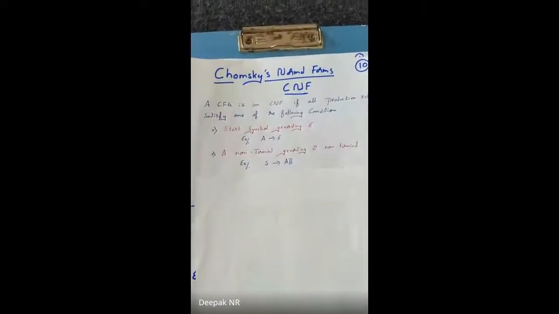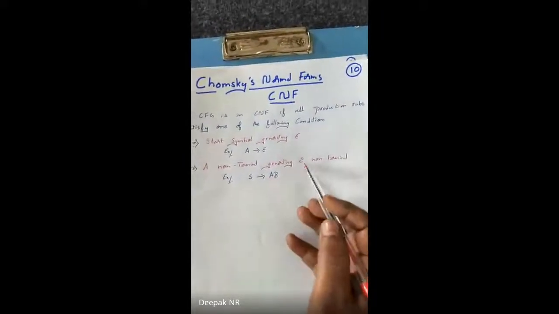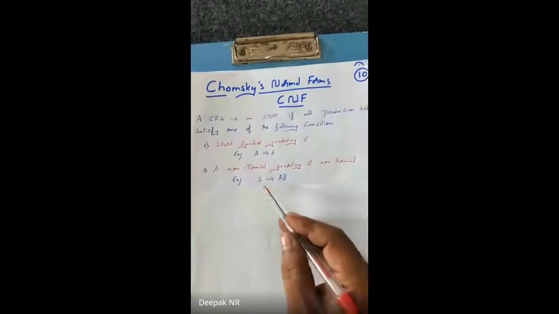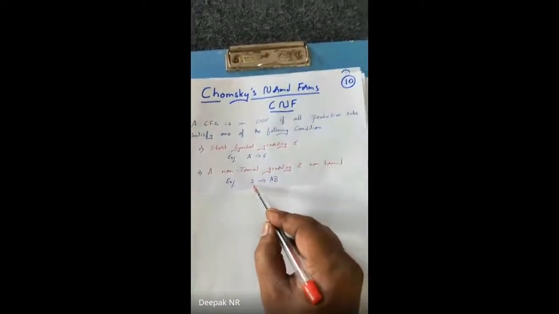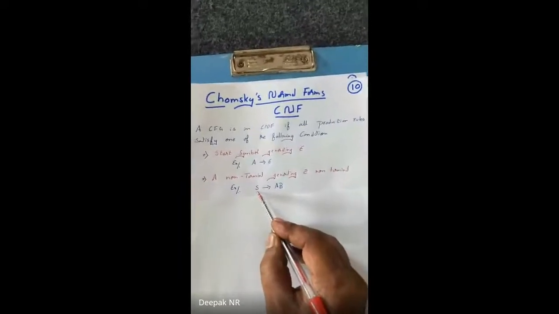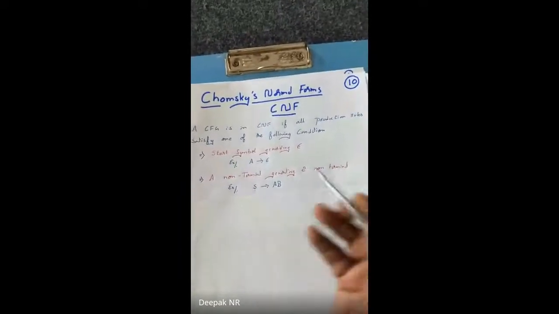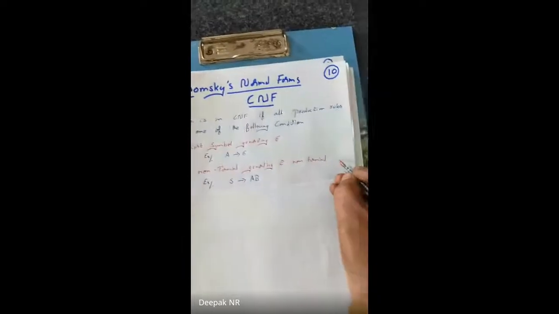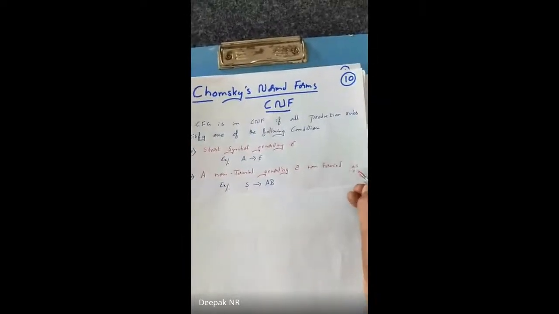My next rule says a non-terminal generating two non-terminals. I hope everyone is clear about terminals and non-terminals. A non-terminal means an uppercase symbol, also called a state name. A terminal means a lowercase symbol like a, b, 0, 1.